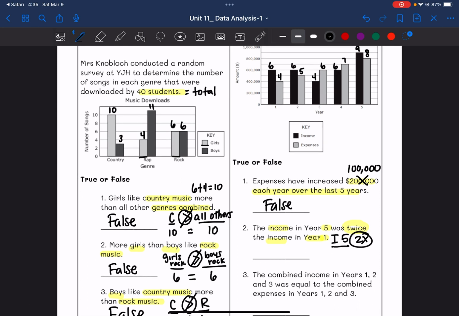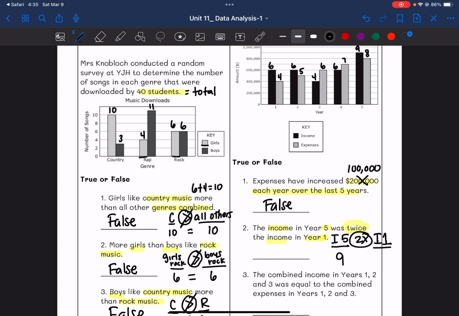And I'm going to write I1. Okay? Because income of year 1. Now, income of year 5, if I go back and I look at it, income, which is the black strip, is going to be 9. So I'm going to write 9 here. And then I am going to look at year 1, and year 1 is 6.